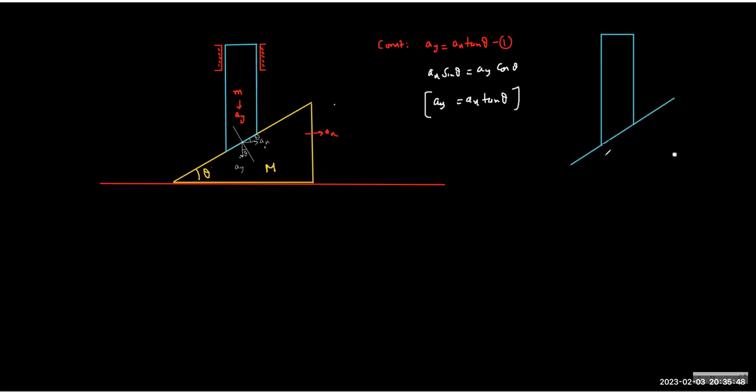We have the inclined plane, always draw the plane, and then gravity will act downward.